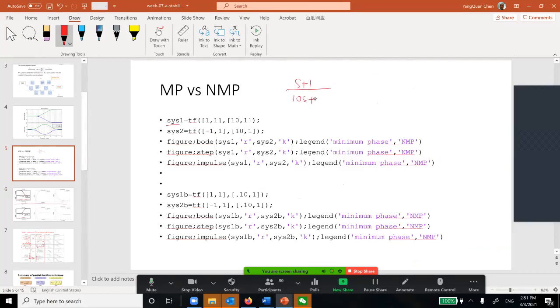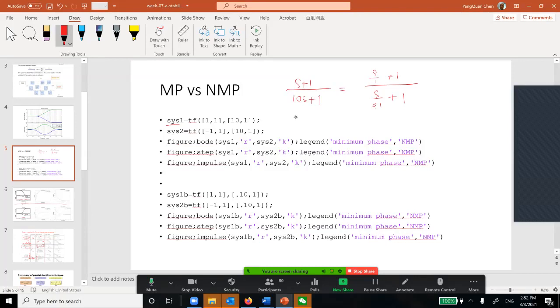And then you have 10s plus 1, which you should write as s divided by 0.1 plus 1.